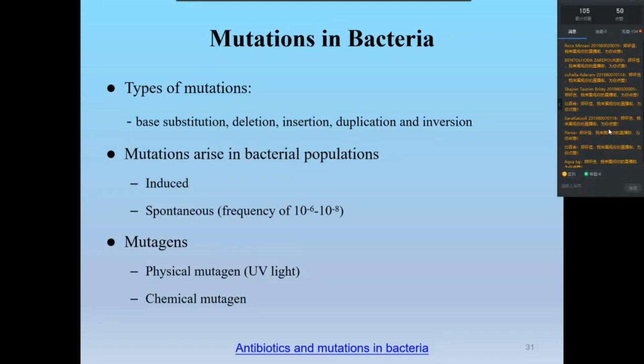And these mutations can arise in the bacterial populations due to different reasons. The first reason is that it's spontaneous. Spontaneous means naturally, so there is no inducing agent. It just happens. When we talk about the bacterial DNA replication, it's somehow accurate, and when we say accurate, we mean relatively accurate.